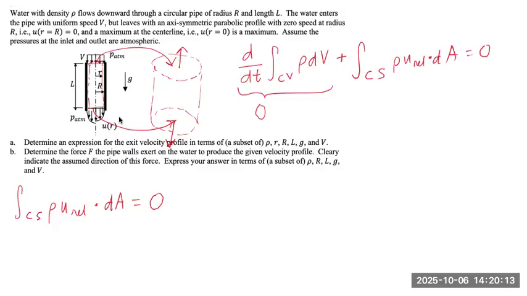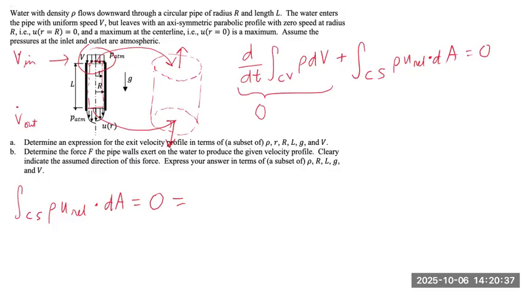We know what the mass flow rate is for this velocity over here, since it is an evenly distributed velocity profile. Let's just quantify this as V in, and then this is V out.